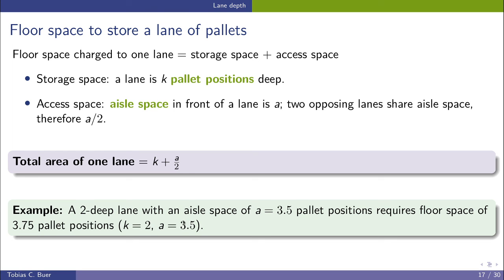We take 50% of this, which is in total 3.75 pallet positions. So in this 2 deep lane warehouse, to store 2 pallets in this lane, we need a space of 3.75 pallet positions. This is the way we talk now.